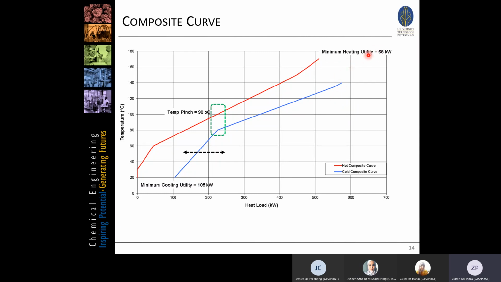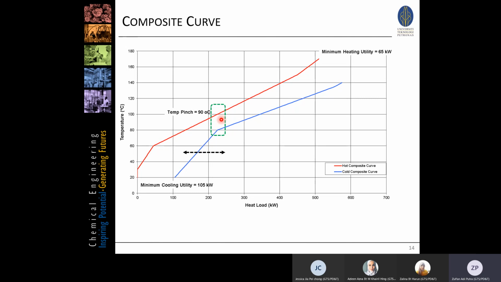That means we will need more heating utility, and we also need more cooling utility because we move everything to the right. So we will need more utilities, heating and cooling, but we will have a higher delta T. In other words, we will need more money to pay for our utilities, but we will need a smaller exchanger to build because the delta T is going to be big.